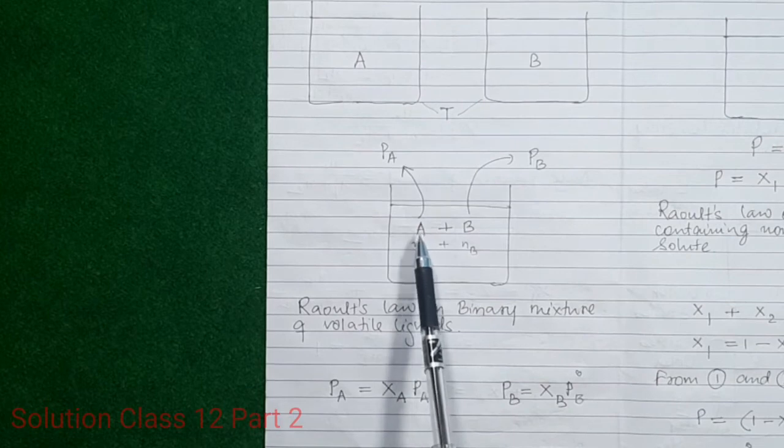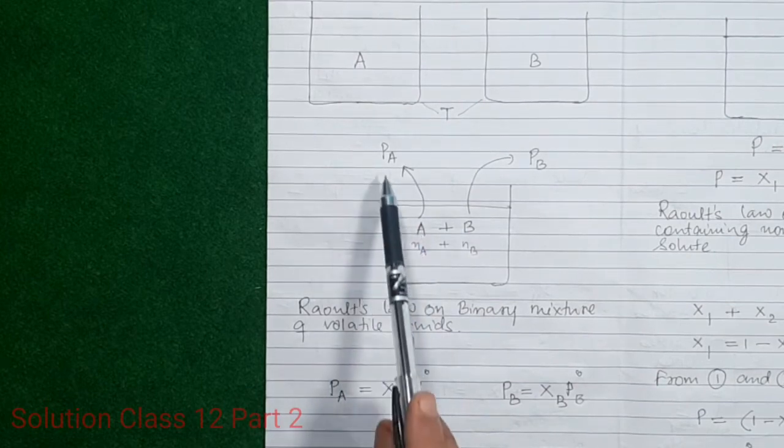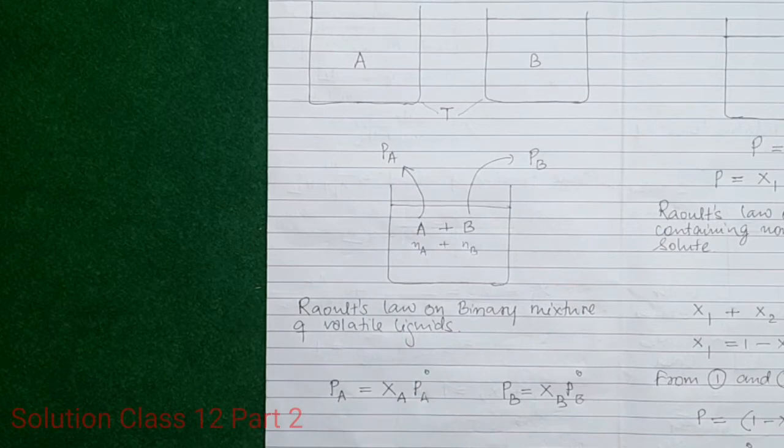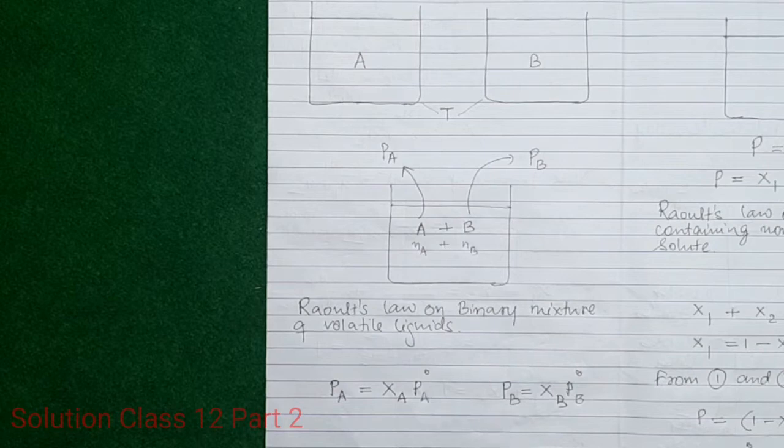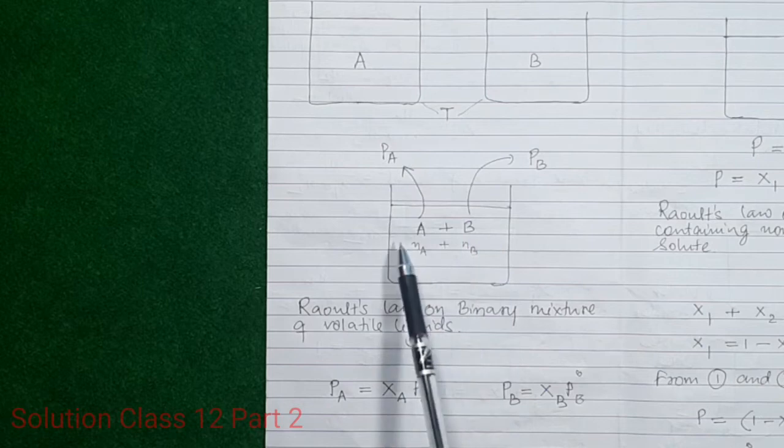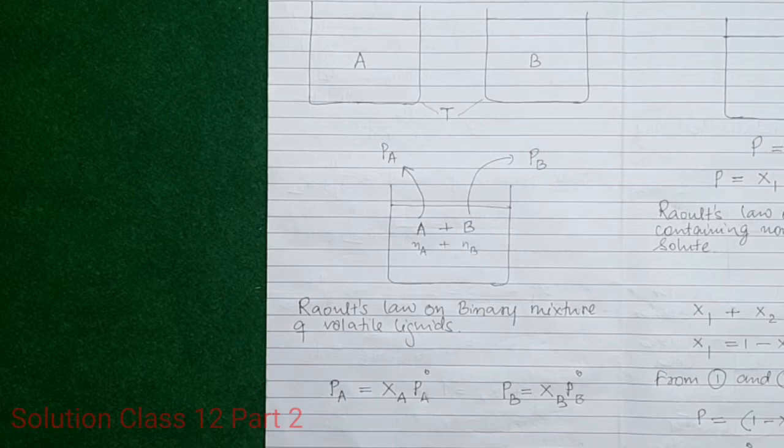When you have a lot of A, the mole fraction of A is high, therefore the vapor pressure of A naturally becomes higher. Suppose you have a very small number of moles of B, the amount of B is less, so its mole fraction will be less and therefore its vapor pressure will be less. So how much vapor pressure any liquid exhibits in a mixture of two liquids is decided by its own mole fraction and its vapor pressure when it was in the pure state.